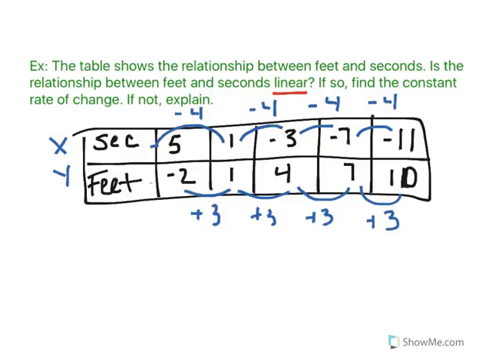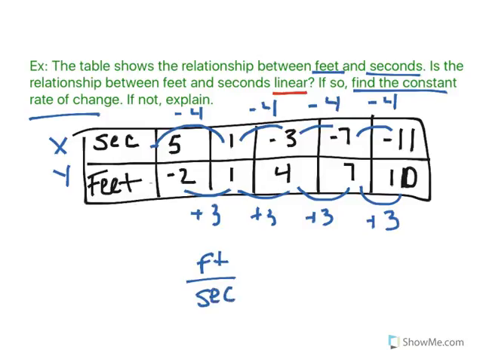So actually, we do have a pattern, we do have a relationship here, and so what we have to do is find that constant rate of change, and that's really easy. Because we're dealing with feet per second, I'm going to put feet per second here, remember that's the division sign.